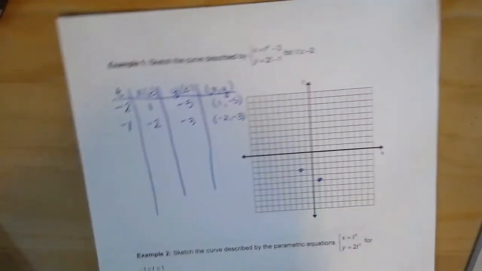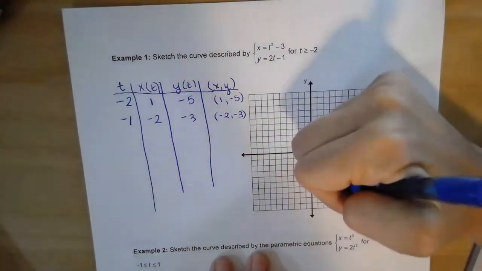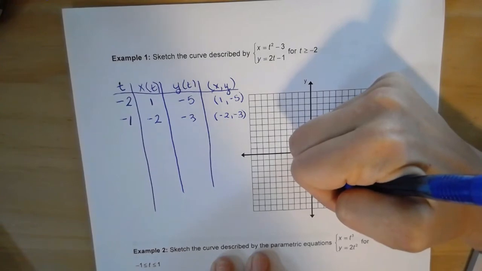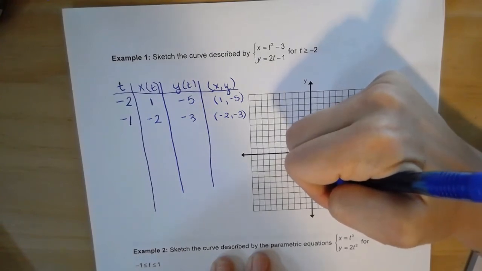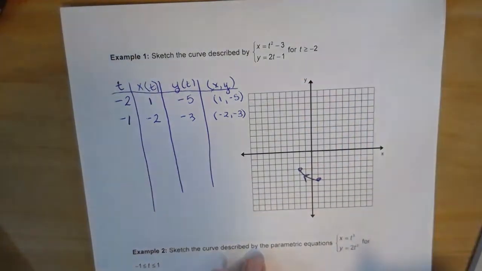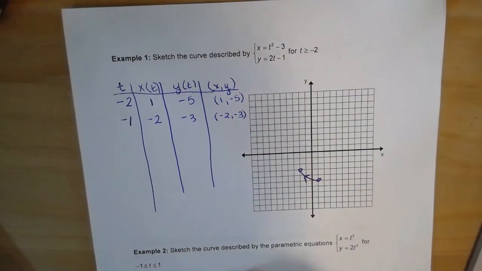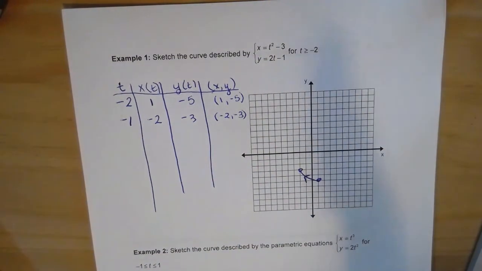Alright, so this is the other reason why I'm plotting as I go along, because this will connect in somewhat of a curved fashion. Okay, and I'm going to draw an arrow because I went from this point to this point. Okay, we're not going back and forth. Remember, we're going from smallest to greatest.